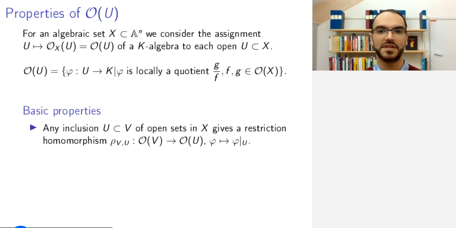So what properties do these rings have? Well, any inclusion of open sets gives a restriction homomorphism. So how does this work?